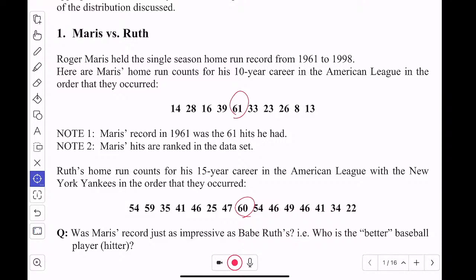Okay, so Nivette says she thinks that Babe Ruth is a better hitter because his numbers are above 40. The majority of his data is above 40. She's using the number 40, I guess, arbitrarily because most of them are in the 40s or 50s.